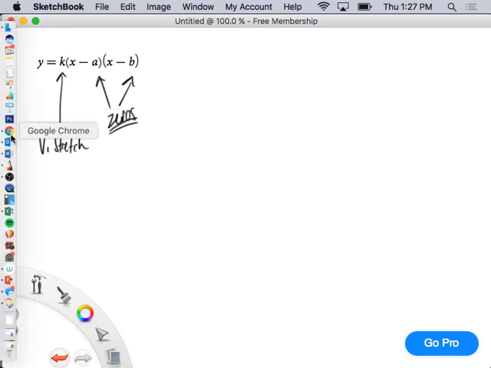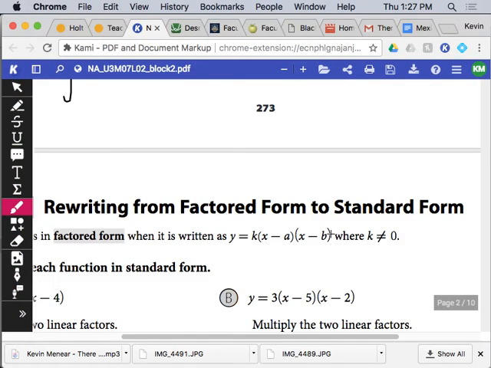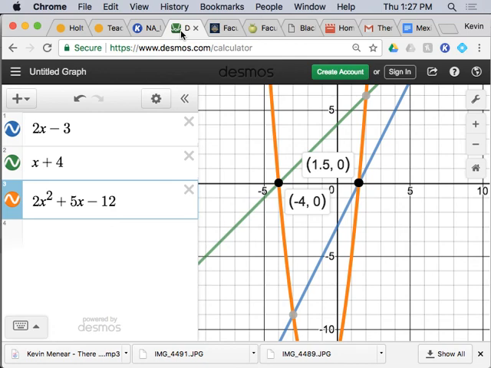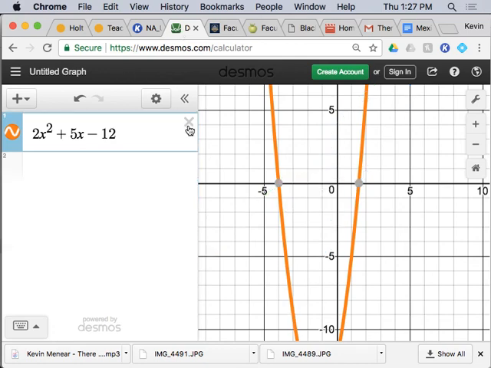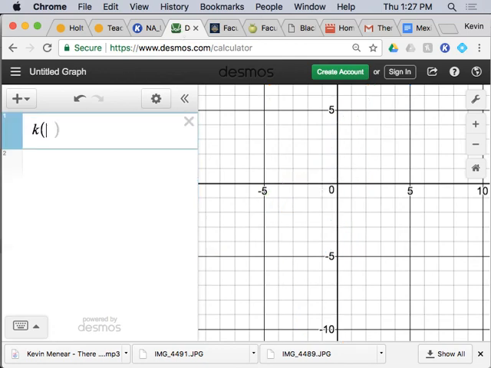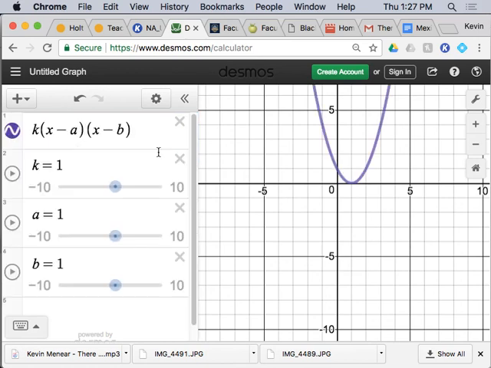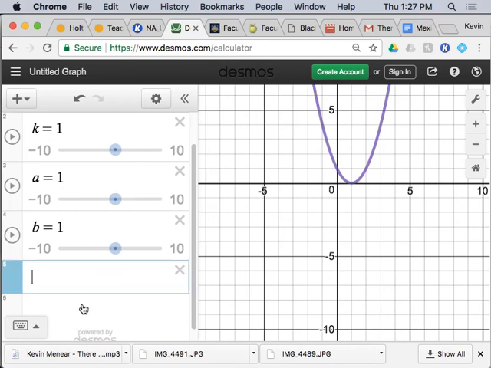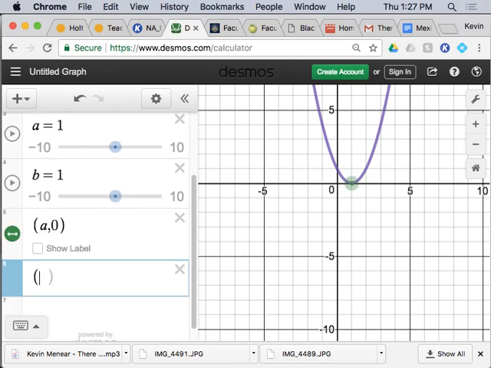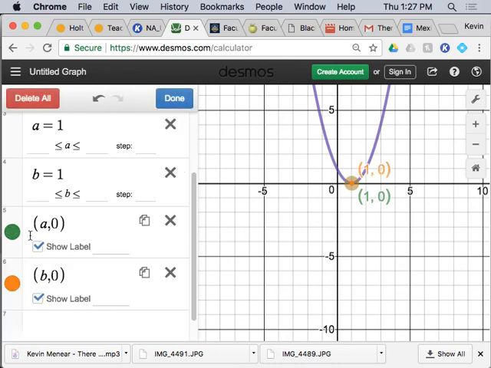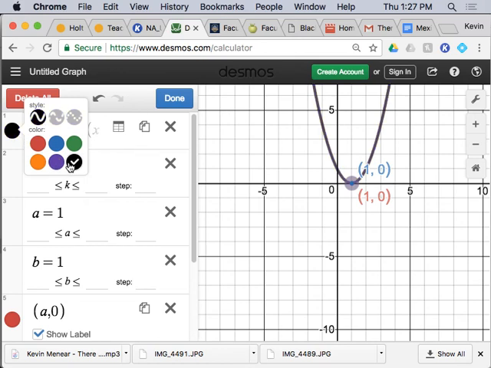So, let's now look at this. So this is our factored form, so let's take a look at it. So use our good friend Desmos here. Okay.